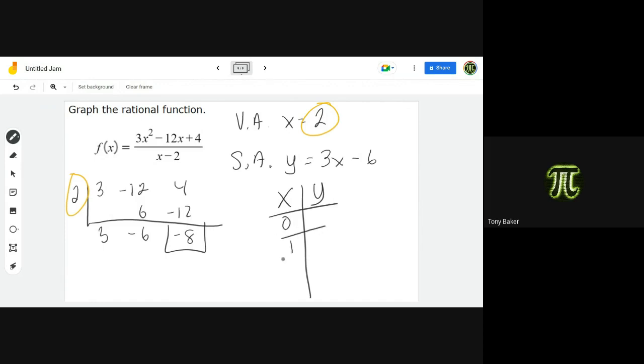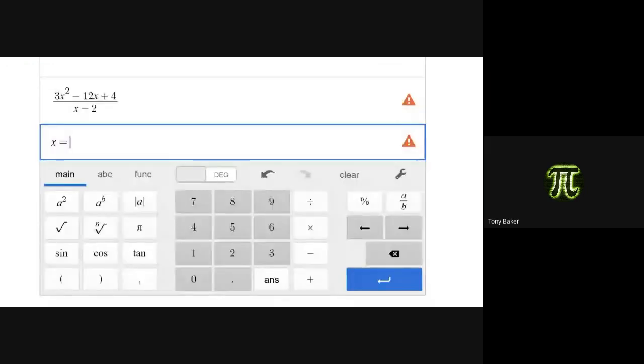So we'll do 0, 1, 2, 3, 4. I go over to the scientific calculator, plug in 0, I get -2. 1 gives me 5. 2 is undefined, as it should be. 3 gives me -5.